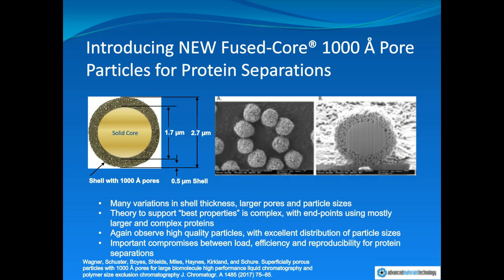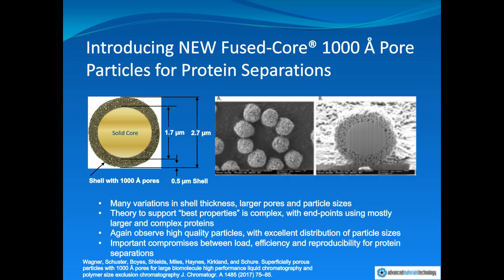And you can see on the right hand the electron micrographs that show that in fact the particles do remain spherical, and in this case the pore size is even more obvious in the FIB section particle, with the solid core in the center and a spherical shell with 1,000 angstrom pores present.